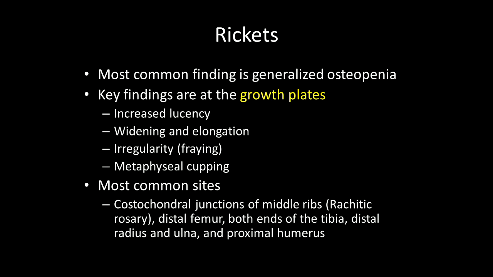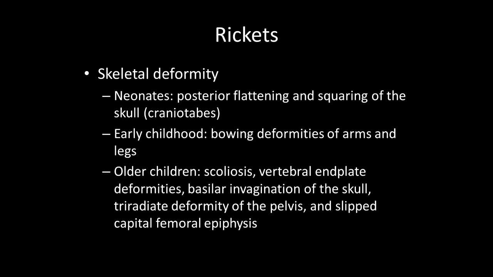The most common locations for the findings of rickets are the costochondral junction in the ribs, sometimes called the rachitic rosary, the distal femur, both ends of the tibia, distal ends of the radius and ulna, and proximal humerus. Skeletal deformity is also a common feature of rickets for the same reason it is in osteomalacia, because the bones are softer.